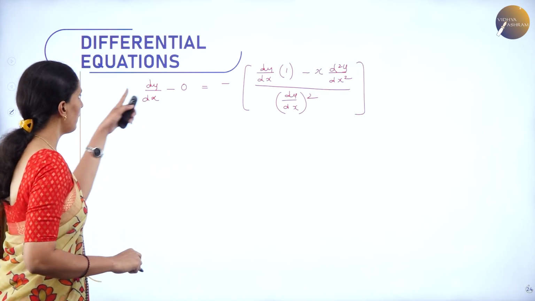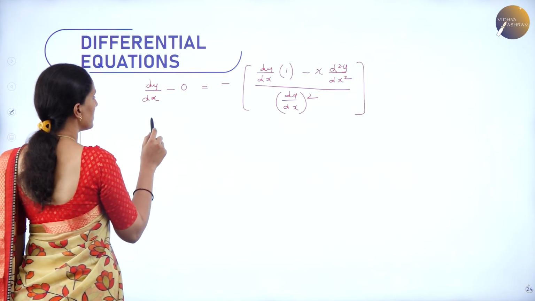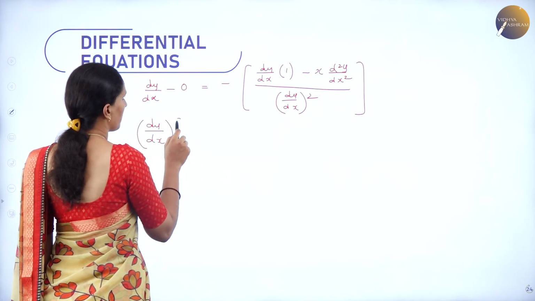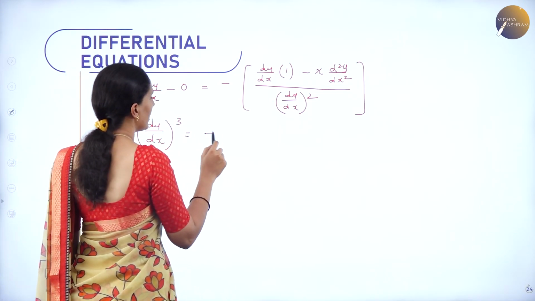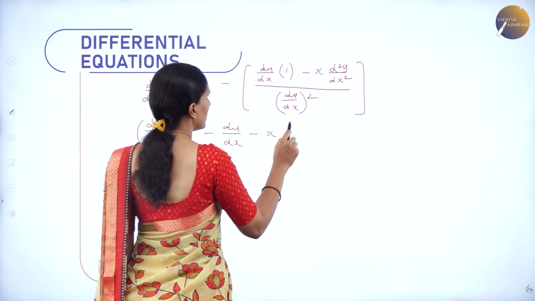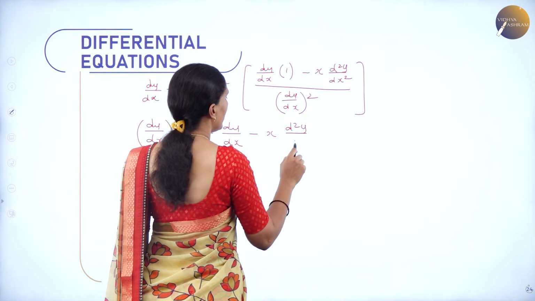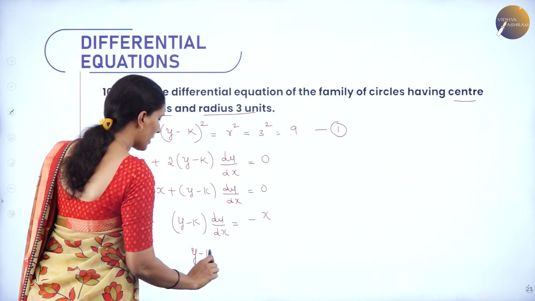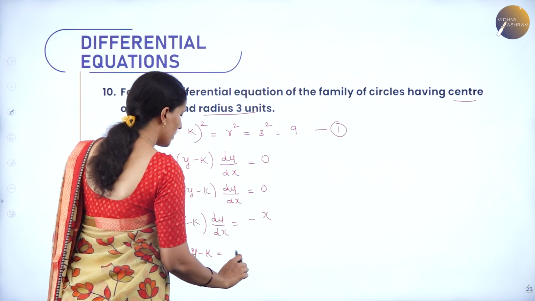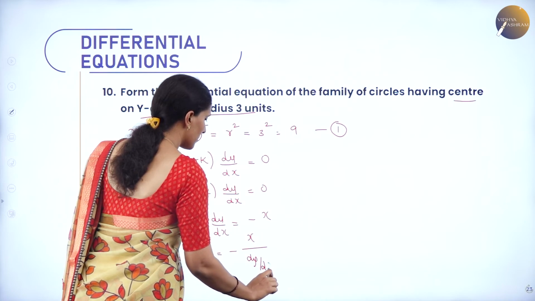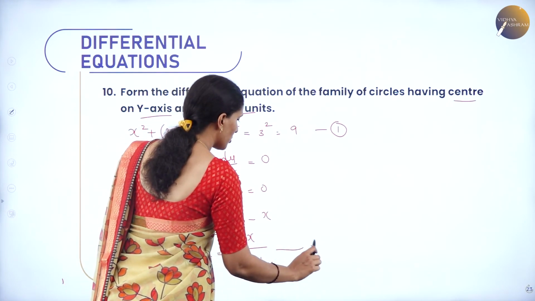Now, when you multiply here, this becomes dy by dx whole cube is equal to minus dy by dx minus x into d square y by dx square. So, now I can write here y minus k is equal to minus x divided by dy by dx. Now, let me take this as equation 2.